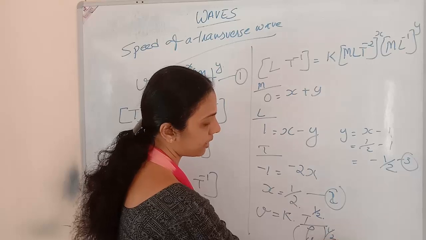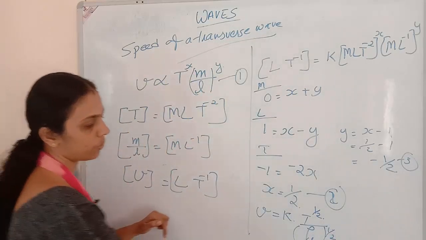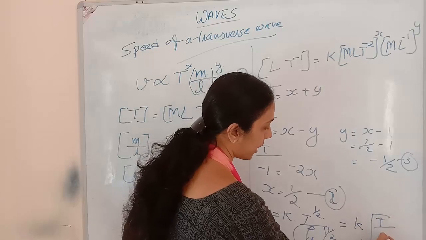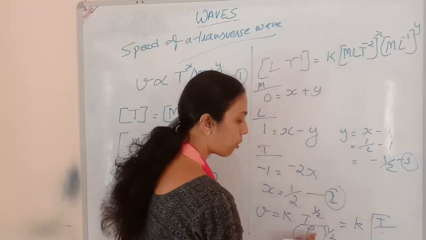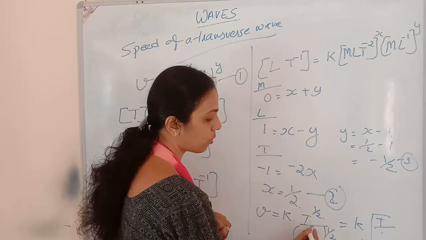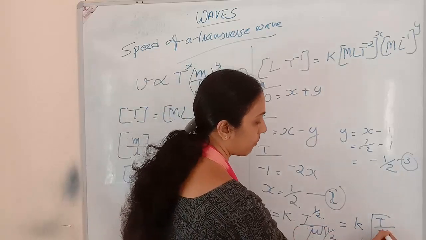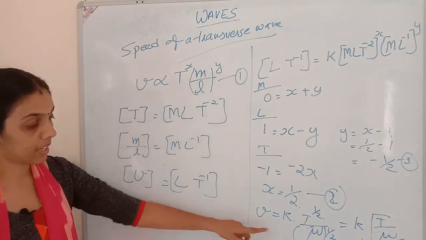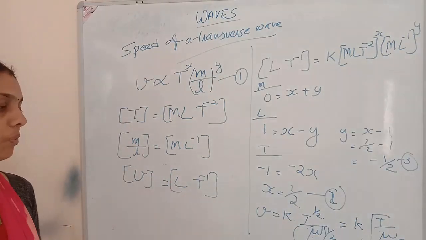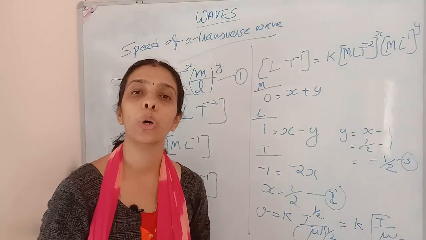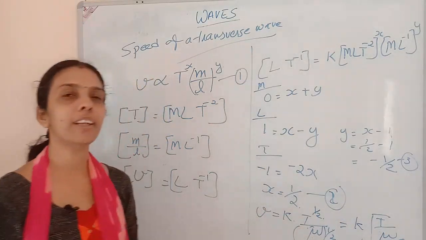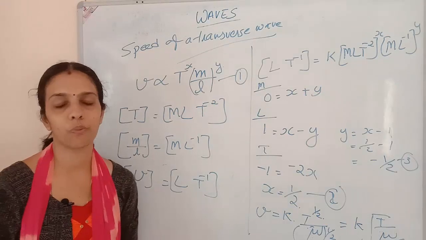So we can write it as k into root of T by rho L, or mu. Mu is the term used in your textbook, so I am also giving the value mu. So m by L is given as mu, and V equals k into root of T by mu. This is the speed of a transverse wave.